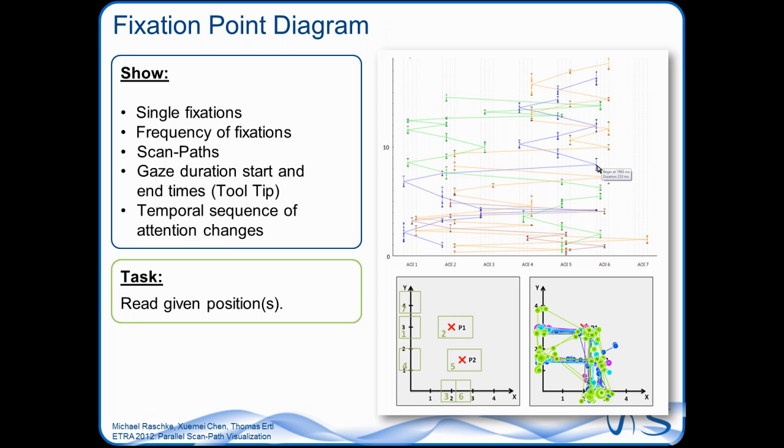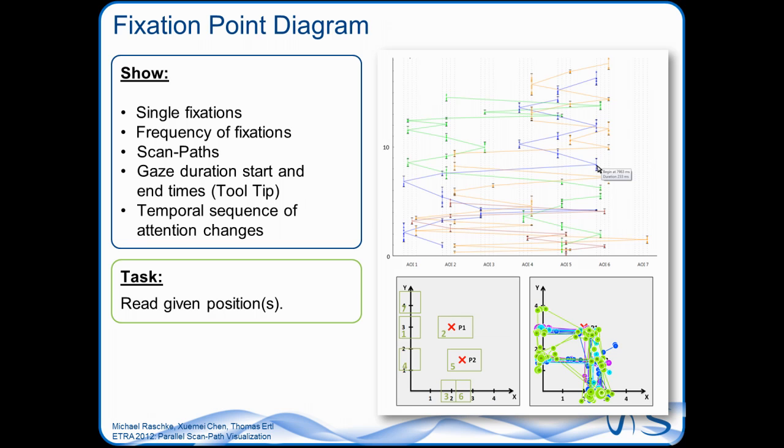It's described in more detail in our article, but you can see different strategies. For example, some participants began to read P1 first and then continued with P2. The other one began with P2 and then continued with P1. You can see it in the diagram.